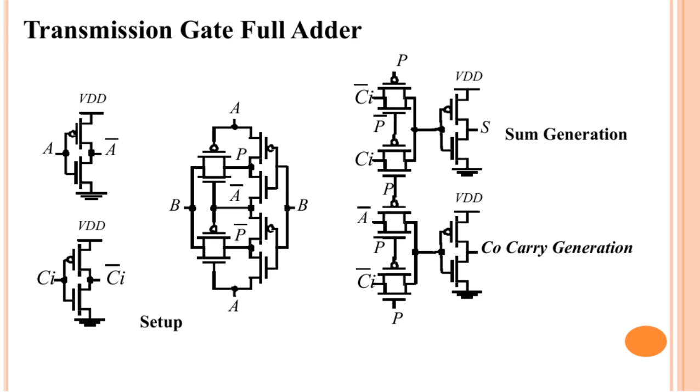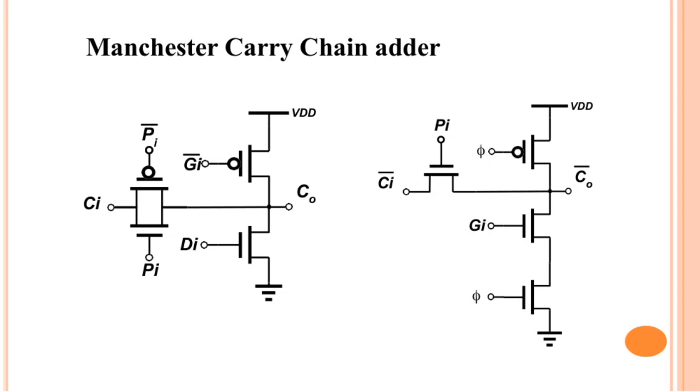Understanding this schematic is crucial because it shows how the full adder achieves both sum and carry functions using transmission gate logic. Here, we're looking at the Manchester carry chain adder, which is a key component in high-speed arithmetic circuits.